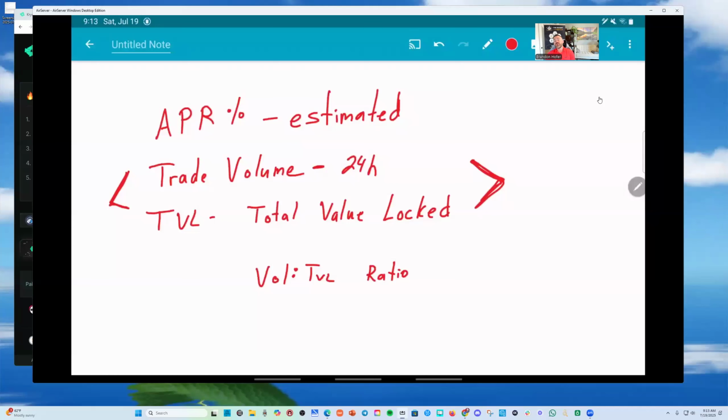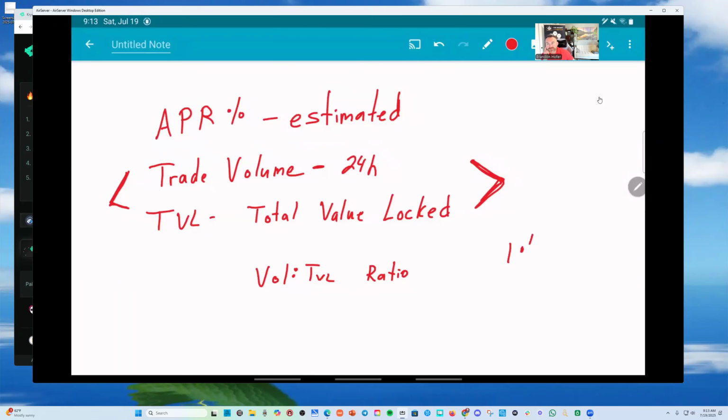Why does that matter? Because we want to get a cut of the trading fees. So if there's a $1 million pool and I'm providing $10,000, I have 1% of that pool. Nothing wrong with that.